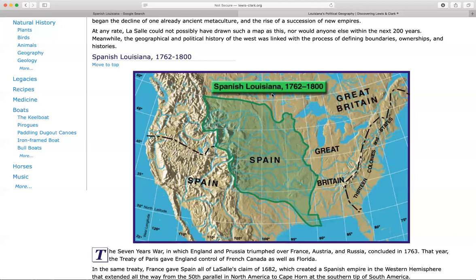Now, one of the other things that happens during this period, the Spanish try to withdraw completely from East Texas. They force the Spaniards that live in East Texas, or the Tejanos, they force them back into San Antonio. There's a big protest, and the Spanish government in Mexico City actually gives in, and the Tejanos are allowed to go back into East Texas, and that's the period that we get Nacogdoches.